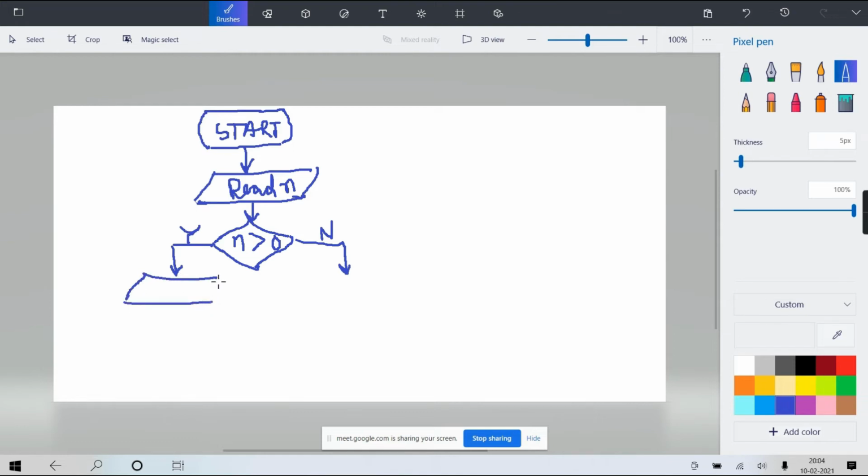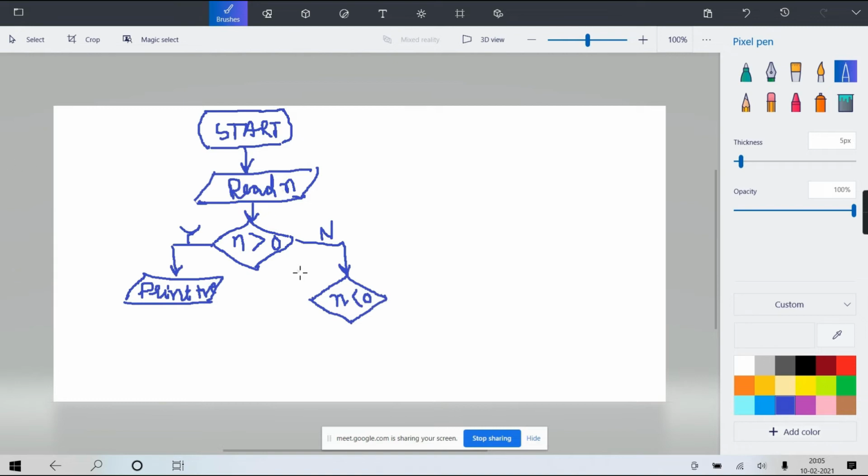Now here I'll just print it is positive. I'm just giving a shortcut this way, positive. And then stop. A common stop will be there. I'll show you. But if it is not greater than 0, then we can take another decision.